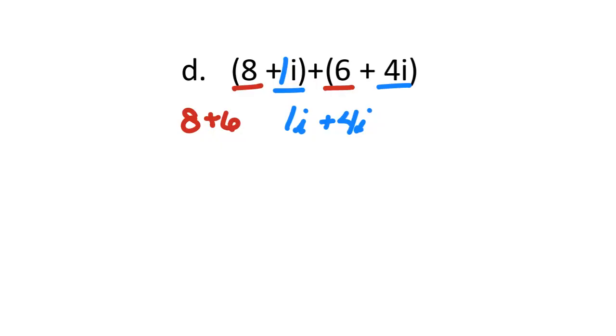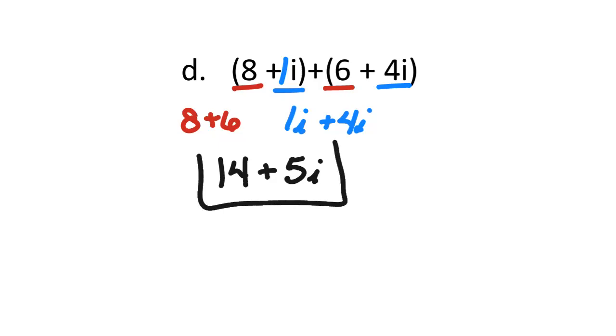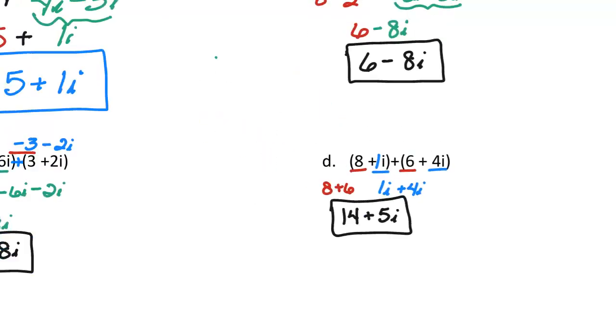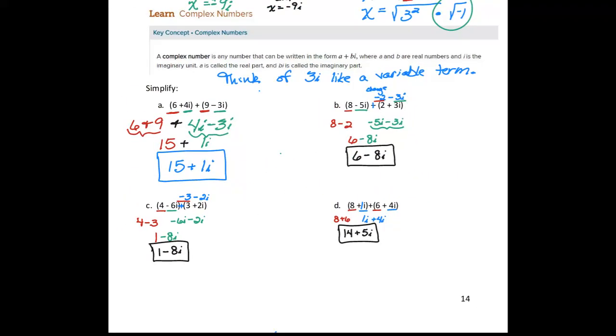So I am betting most of you got 14 plus 5i. Raise your hand if you got that right. Rock stars! Nice. Any questions about simplifying complex numbers when you have real numbers with imaginary numbers?